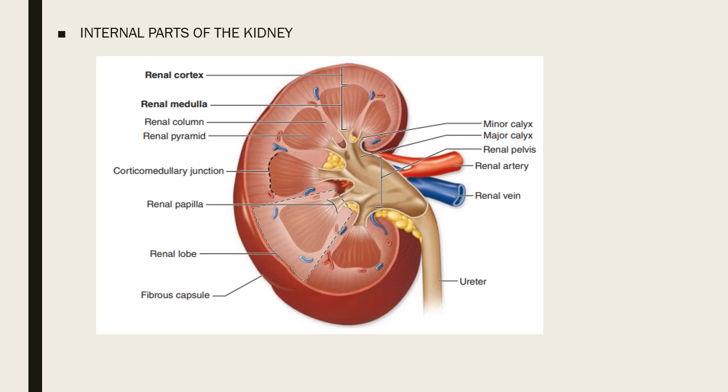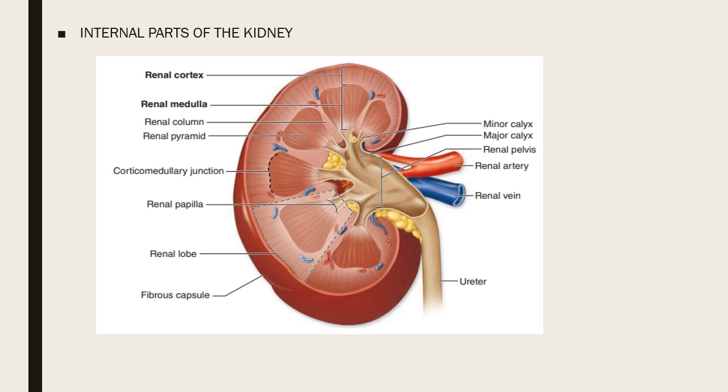Your calyces, minor and major, are cup-like divisions of your renal pelvis surrounding one or more renal papillae. Then you have your pelvis, a funnel-shaped structure formed at one end by the expanded upper portion of your ureter.